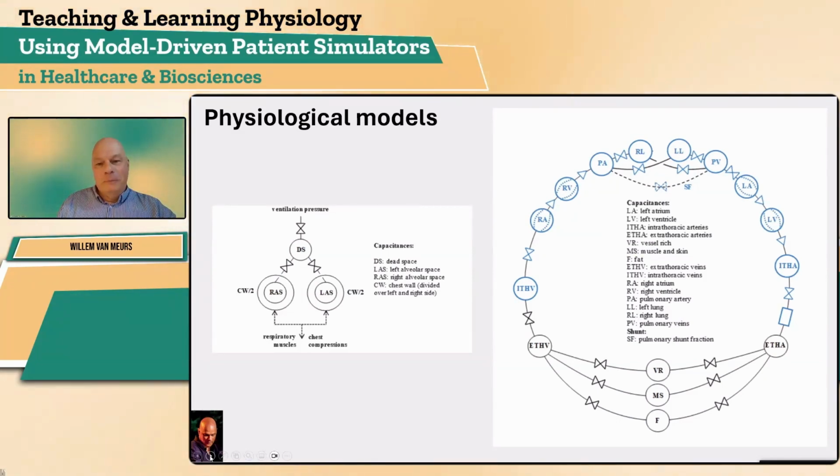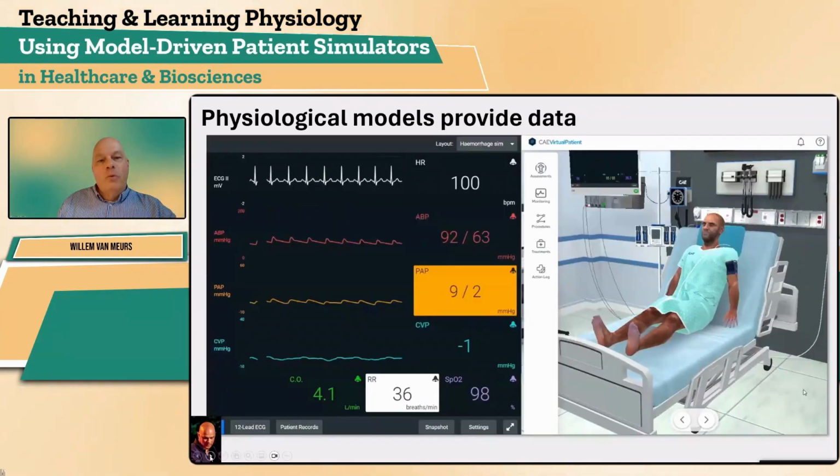The next slide, please. So once we translate these diagrams into equations and then into code, we can drive the information that Eugene talked about. So we drive, for example, the blood pressures on the monitor emulator, you can see an arterial blood pressure, a pulmonary artery blood pressure, and a central venous pressure.